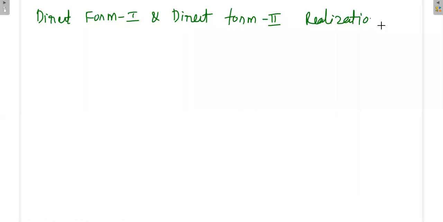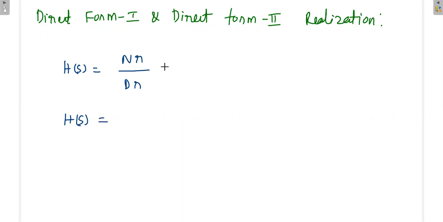Now we'll see the basics. Suppose the transfer function H(s) in general consists of a numerator and a denominator, and their orders may be different or the same.